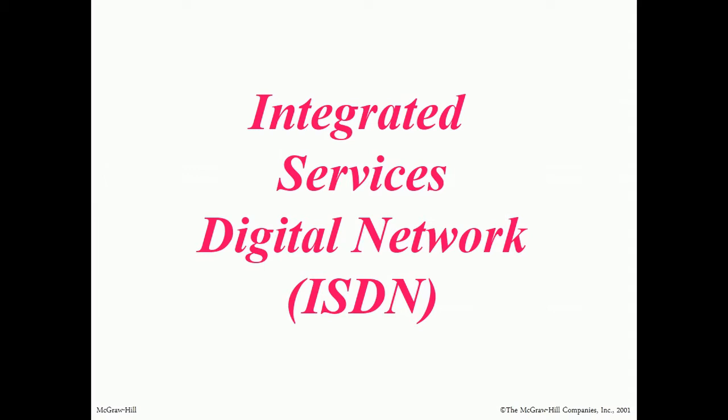The end-to-end digital connectivity implies that the digitization process begins right at the user premises. So it should be possible to support every conceivable service on ISDN, whether it is a voice or non-voice service.